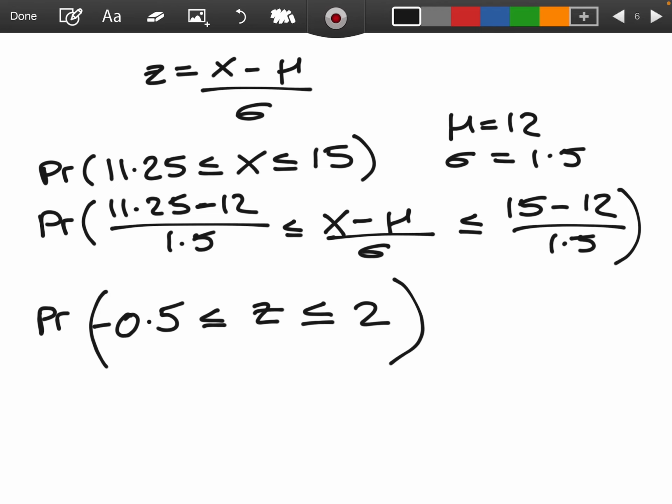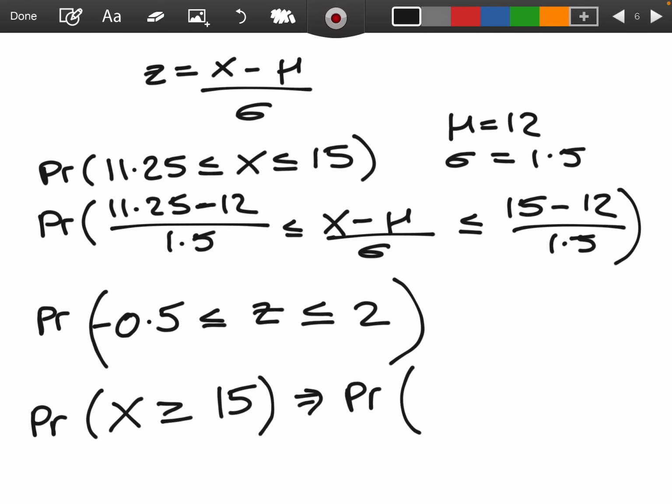So whenever you get one of these problems, this is all you're going to do, use that formula just to clarify what you would be in standard normal distribution. The same would work if you had a one-sided problem. So let's say they're looking for the probability that x was, I don't know, greater than or equal to 15. If I wanted to convert that to standard normal distribution, you're going to use that same formula.